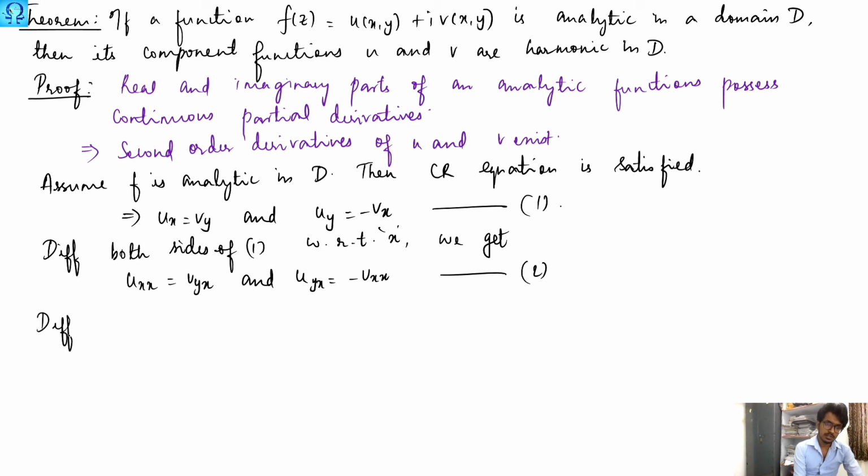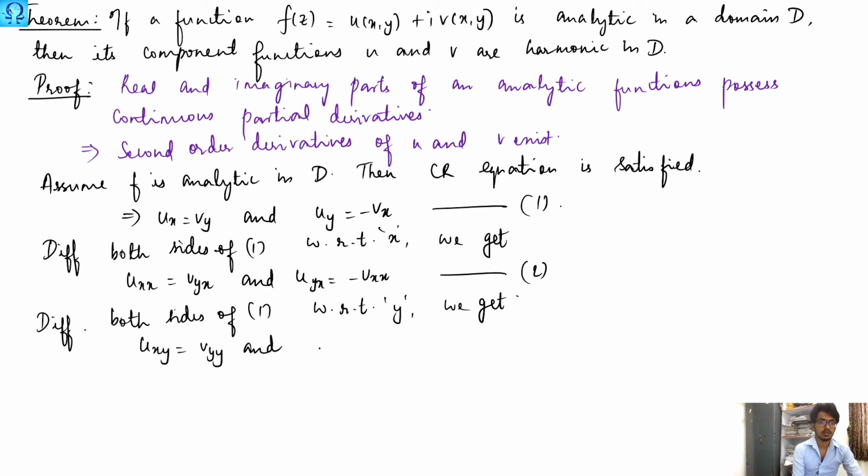Now let us differentiate both sides of 1 with respect to y. We get u x y equals v y y and u y y equals minus v x y. Let us mark this as equation 3.